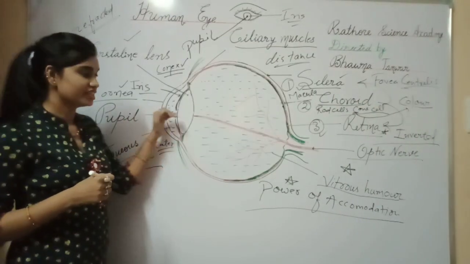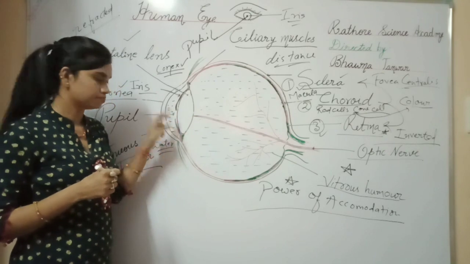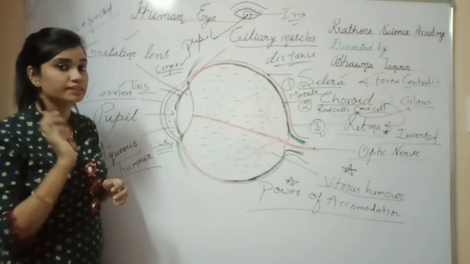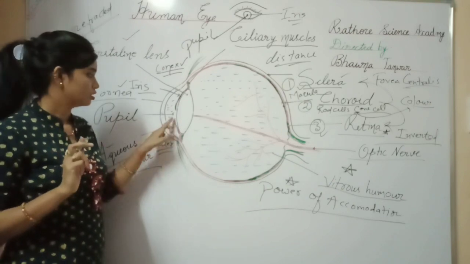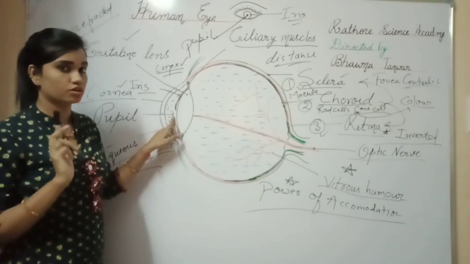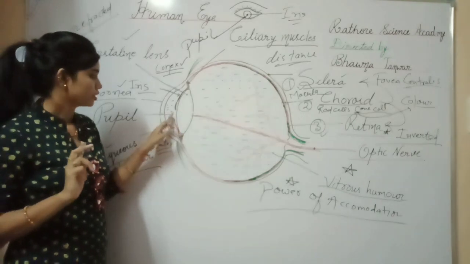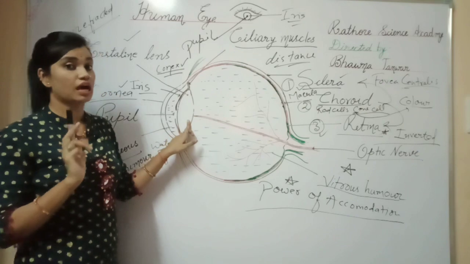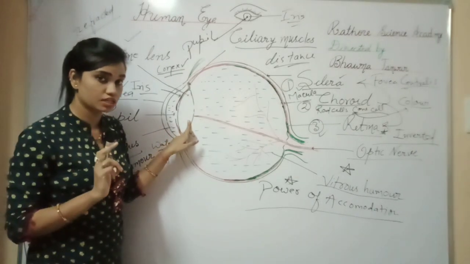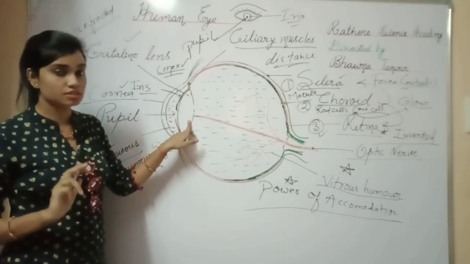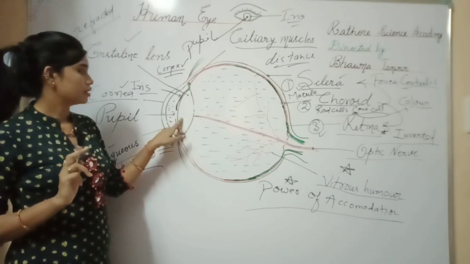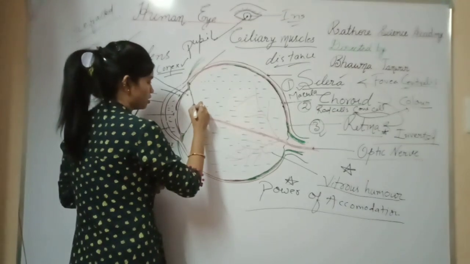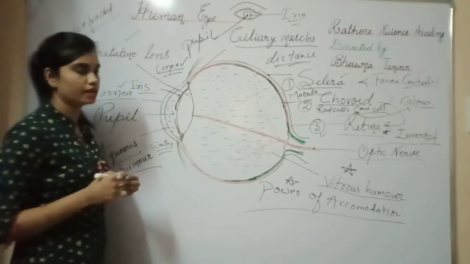The light ray enters through the pupil. It changes size according to the intensity of light. Pupil changes its size according to the intensity of light. Just behind the pupil, the eye lens is present. Our eye has the eye lens, which is a crystalline convex lens, and it is made up of jelly-like substance, which is made up of protein, right?